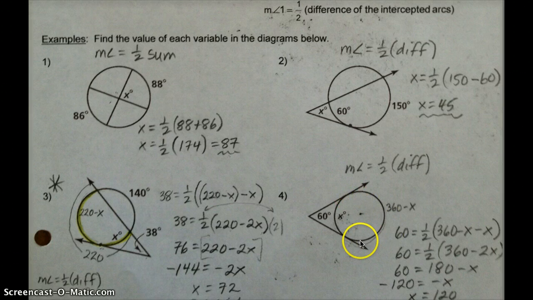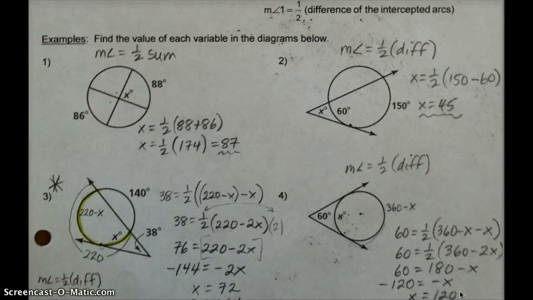And the rest is going to be 360 minus x. So it's very similar to the last example. We have 1/2 360 minus x, and then minus x, because that's the difference piece that we're talking about here. So we have 60 equals 1/2 360 minus 2x. We solve it out, and we get x is equal to 120.